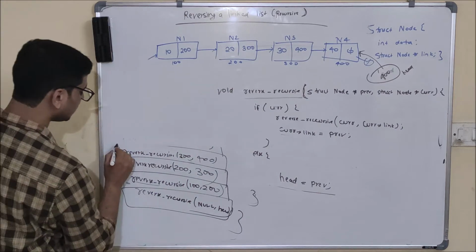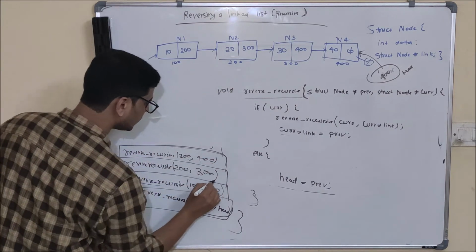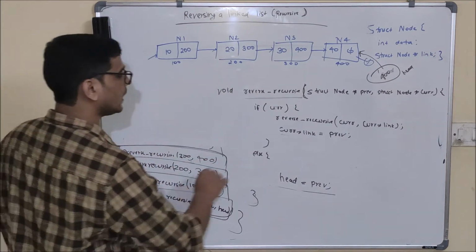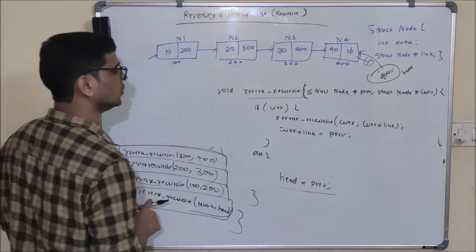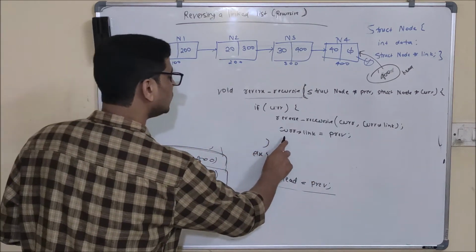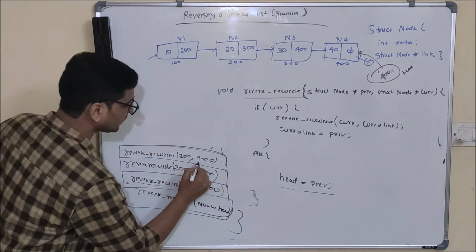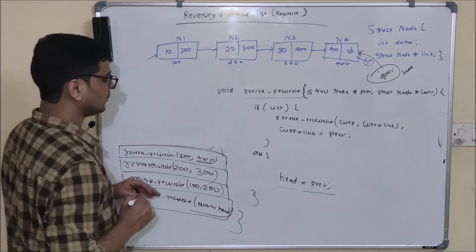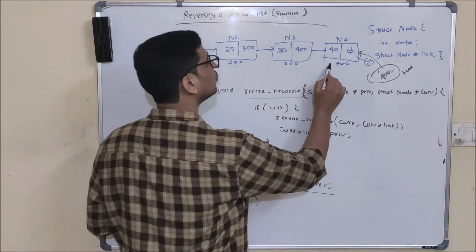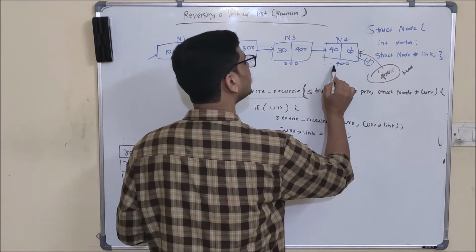After that, control will come to reverse recursive 300 comma 400 and this line will execute. That is, current dot link will be equal to previous, and what is current here? 400. That is the link part of the node starting from memory address 400.